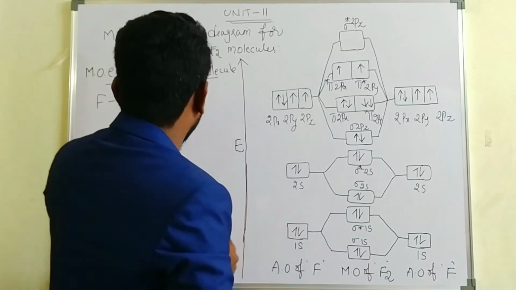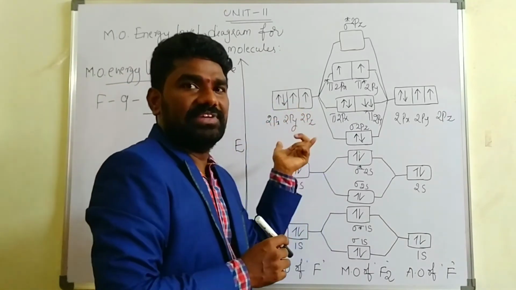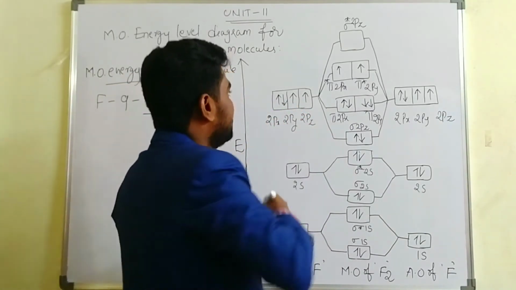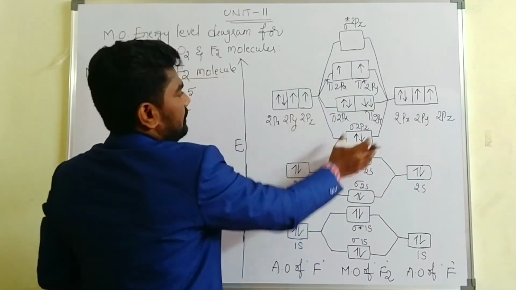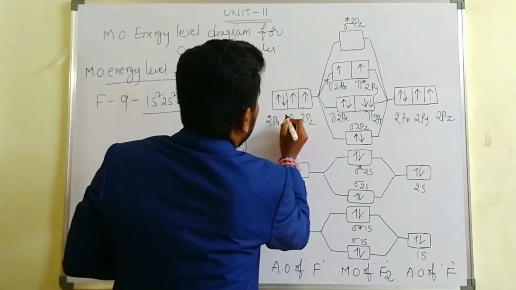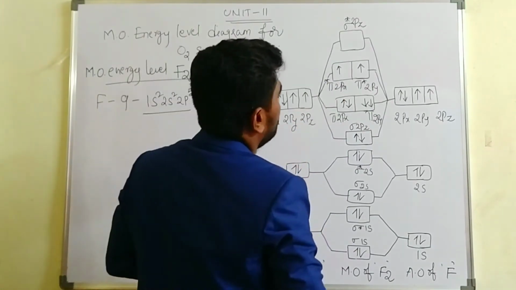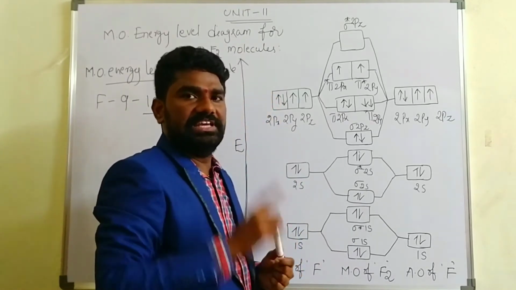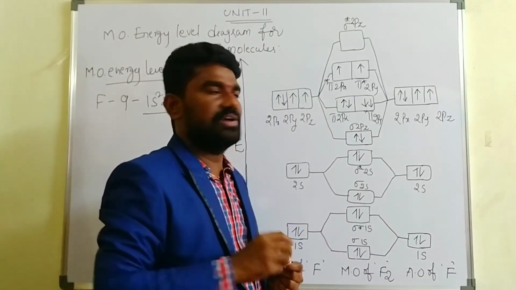Coming to the filling of the p orbitals, the filling of the electrons in the p orbitals will be different. Up to this it will be the same. Here we have 2p5. Each fluorine p orbital has 5 electrons.